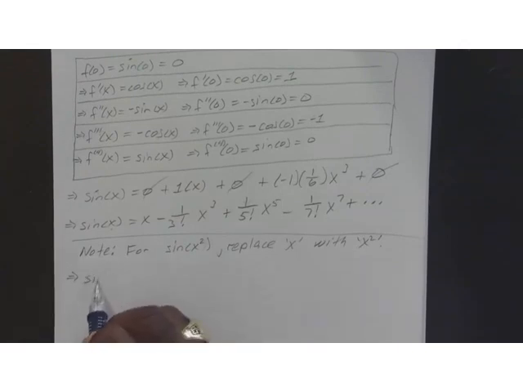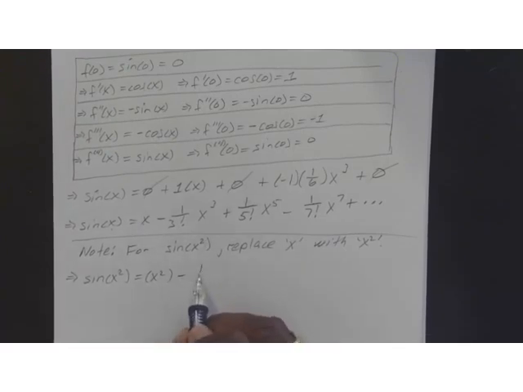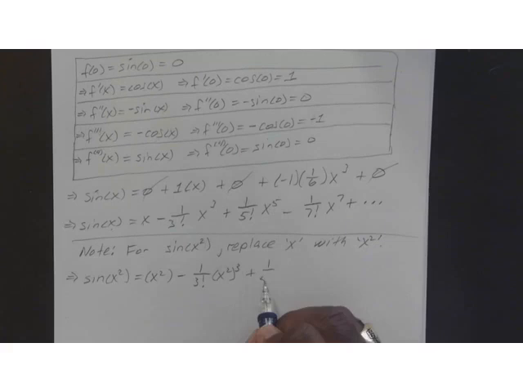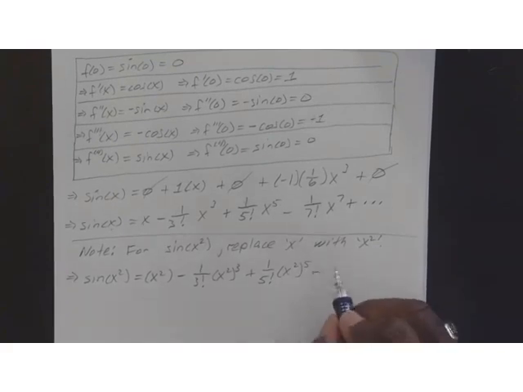That means if you had sine of x squared, then that would just be x squared minus 1 over 3 factorial times x squared to the third power plus 1 over 5 factorial times x squared to the fifth power minus 1 over 7 factorial times x squared to the seventh power, and it keeps on going.